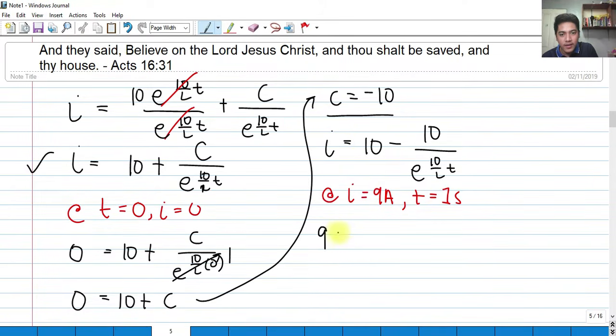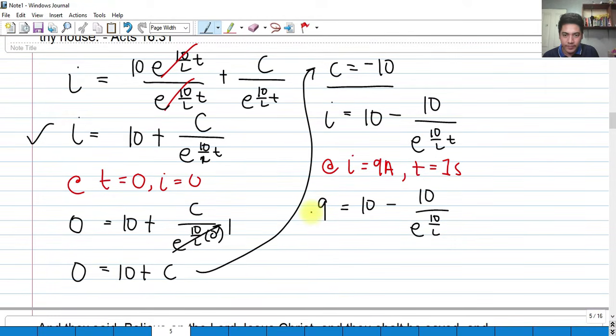So we have 9 is equal to 10 minus 10 over E raised to 10 over L multiplied by 1, which is simply E raised to 10 over L.